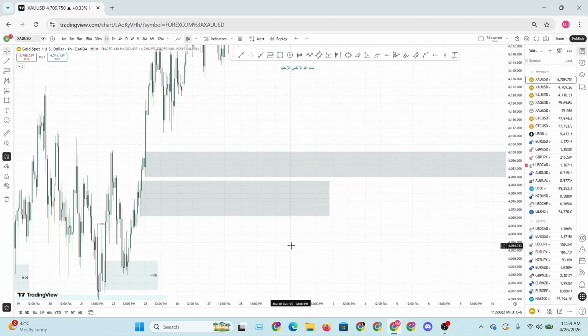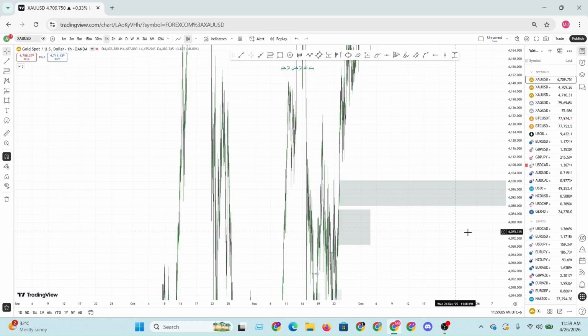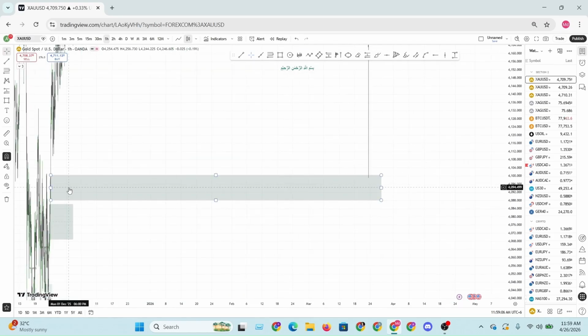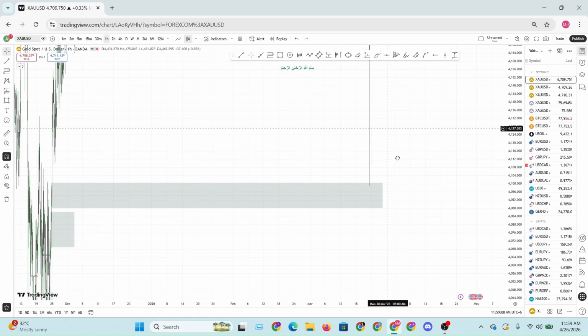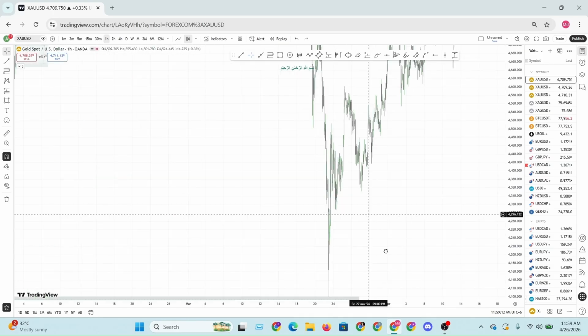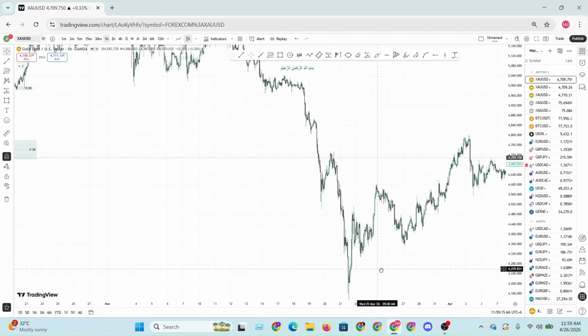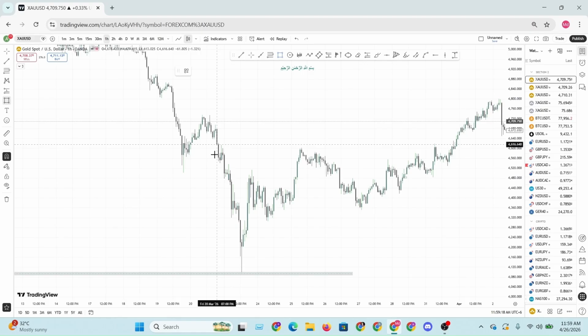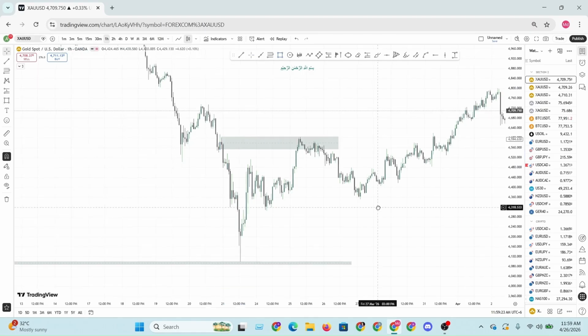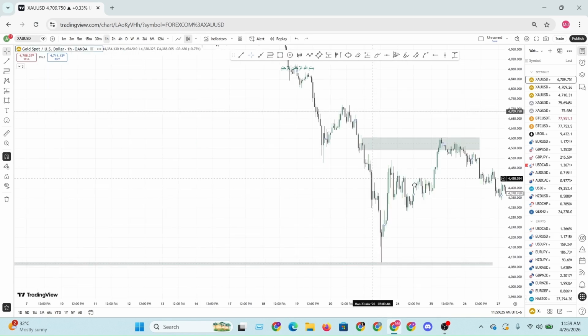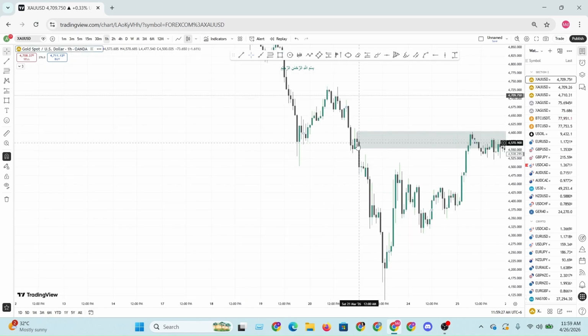So let's see. First one, tap and go. So from this POI to this POI. You can see the first candle, second candle, third candle. The gap is FVG, and the first candle is our order block.